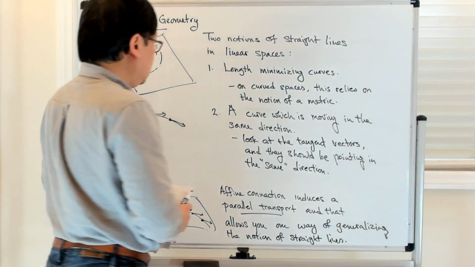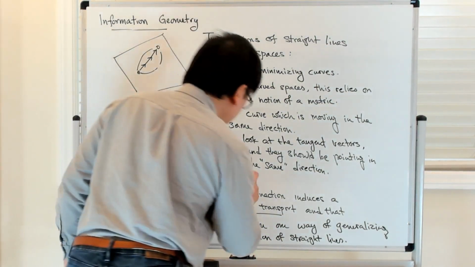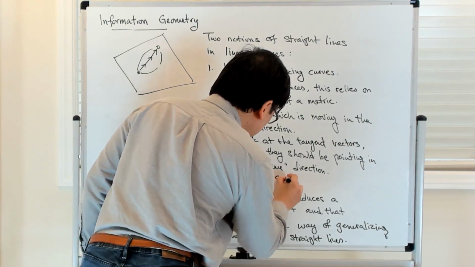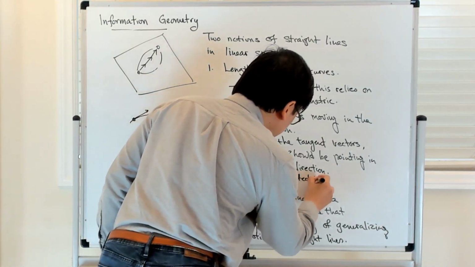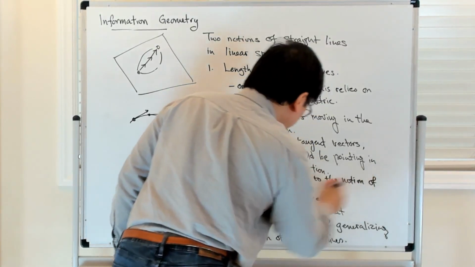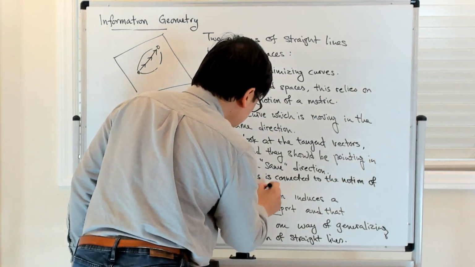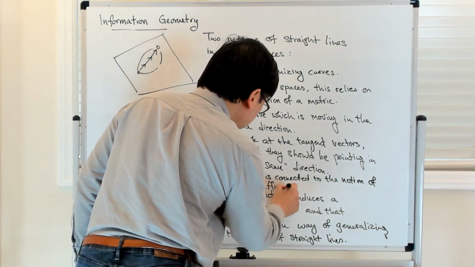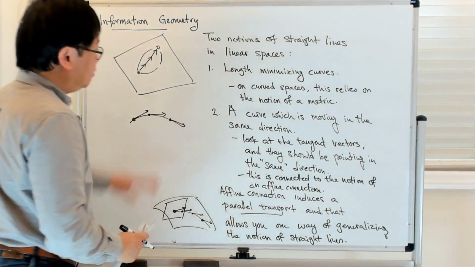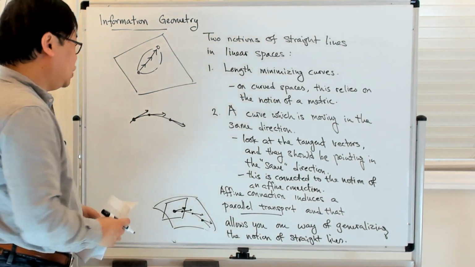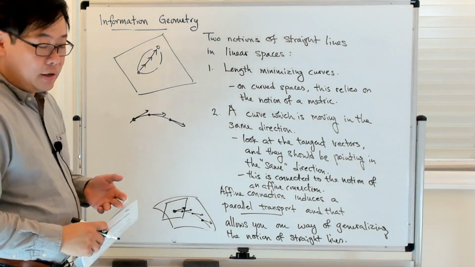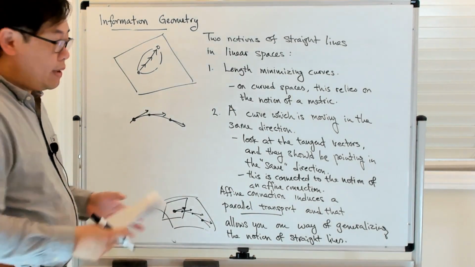All right. So anyway, this is connected to the notion of an affine connection. Okay. So these are some ways in which geometry shows up when you're working with what is going to be called information manifolds.